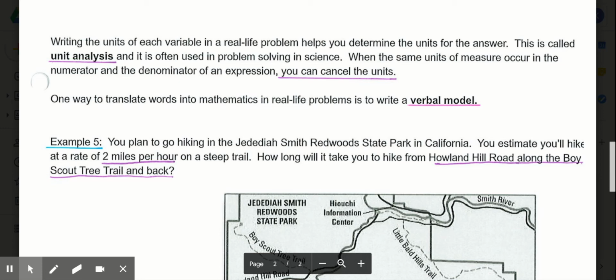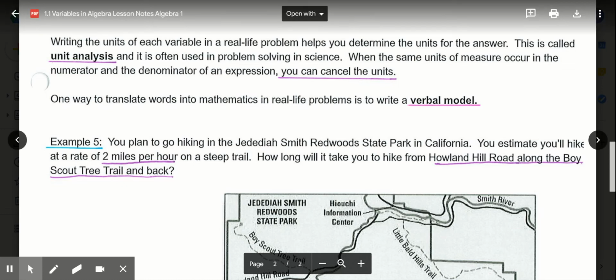So one way to translate words in mathematics into real life problems is to write a verbal model. So you're taking the mathematics language and you're trying to express it in a verbal model. So we're looking at the idea of unit analysis and a verbal model to help us make sense of word problems and solve them with expressions and getting the proper units.